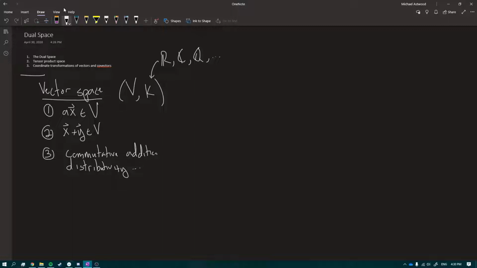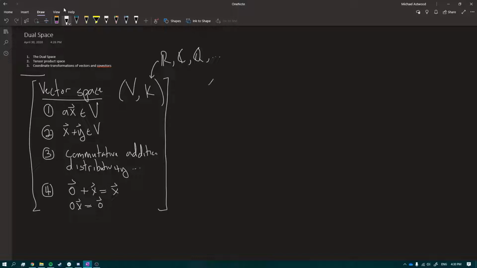And finally, it needs to have these objects called identities. So the identity in a vector space is the 0 vector, and the idea is that 0 plus x is just x. And similarly, 0 times x is the 0 vector. So these define a vector space. They're called the vector space axioms, and I'm going to relate them to the dual space.